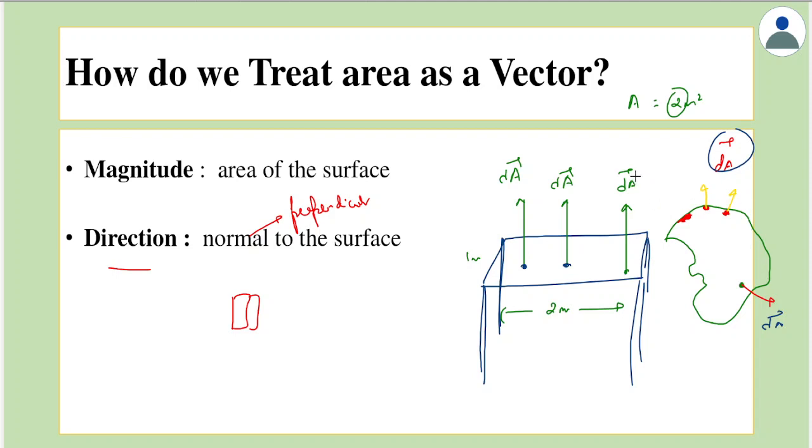There's a possibility that for a given area, the small elemental areas can have the same direction or different directions. Whenever the surface is flat, as given here, those small area vectors will be parallel to each other, while in some cases, the small area parts will not be parallel. This is called the area vector.